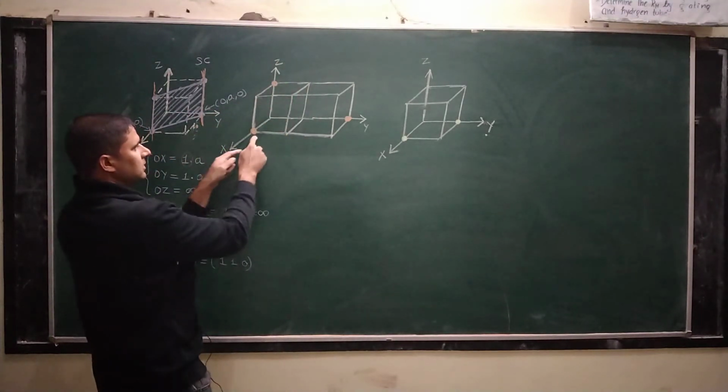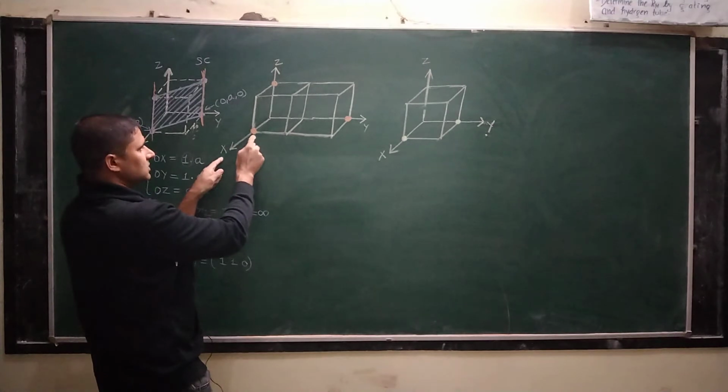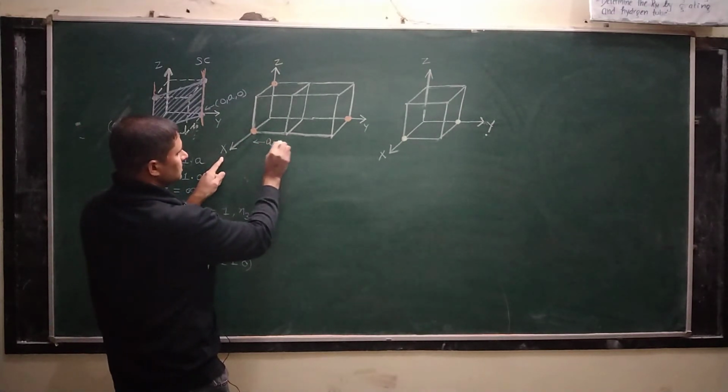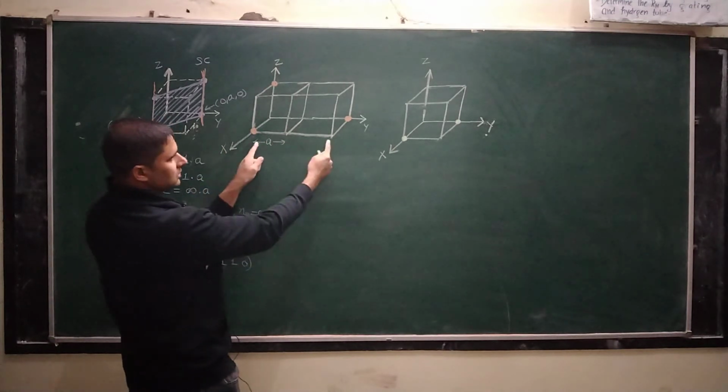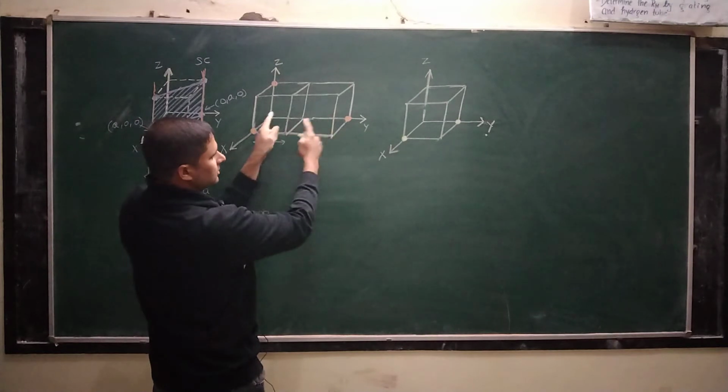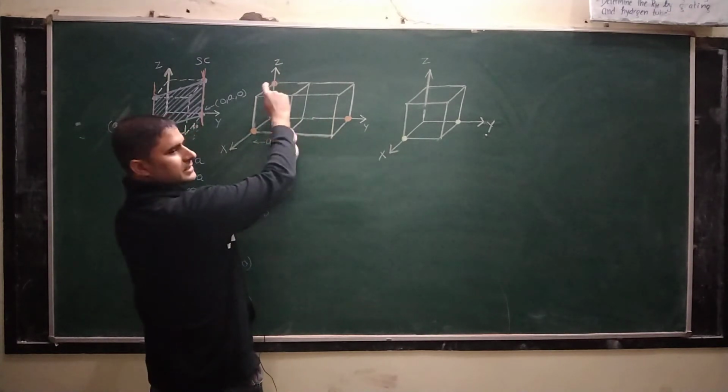So this is the plane, and what are the coordinates for this point? Let the size of the cube be a. So up to this distance it will become 2a.